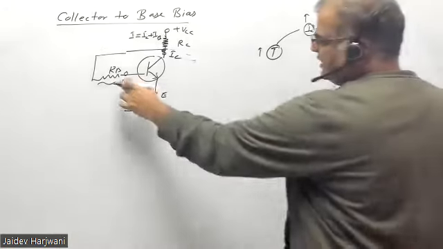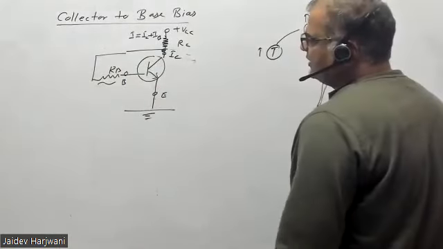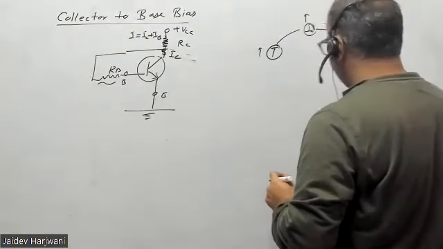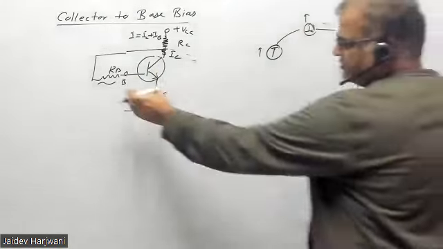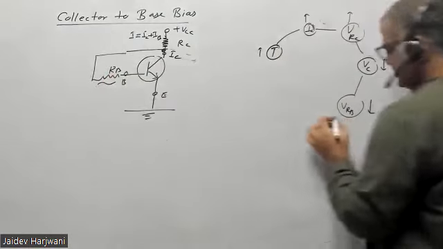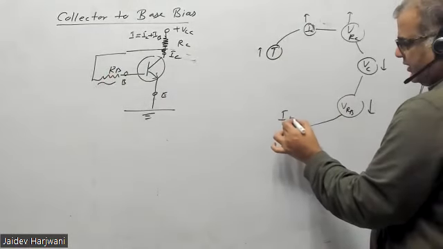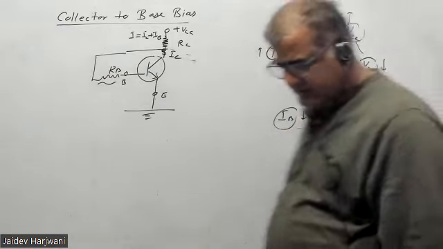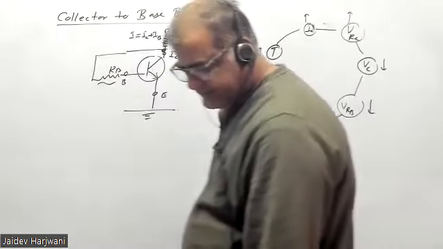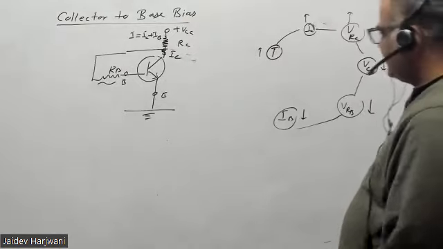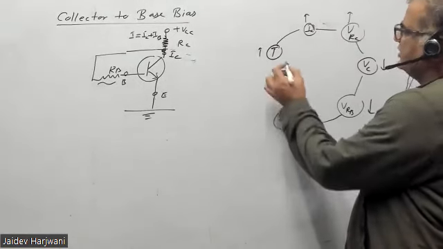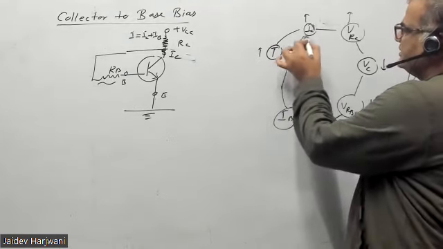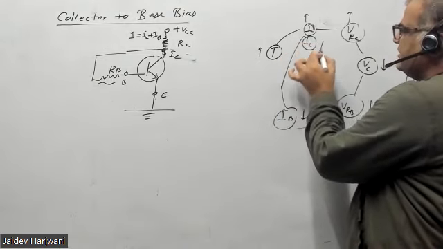If voltage across RB decreases, this minus this only gives your current, so your IB also decreases. The voltage across this decreases, resistance is fixed, that means your current IB decreases. And if IB decreases, automatically your IC decreases.